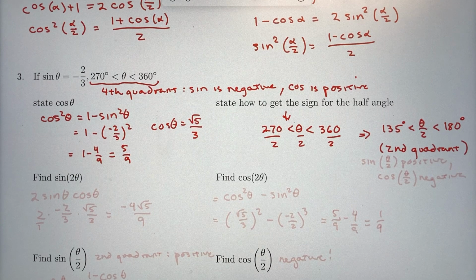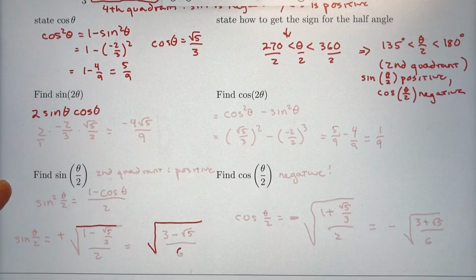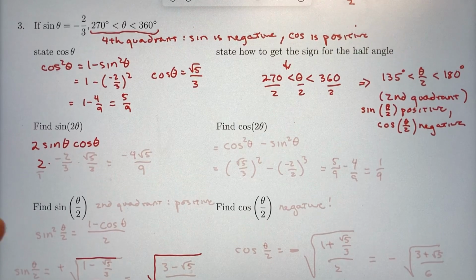Okay, sine will be positive. And cosine will be negative. Okay, sine of 2 theta. That should be easy enough. Sine was given to me. And we just figured out cosine.